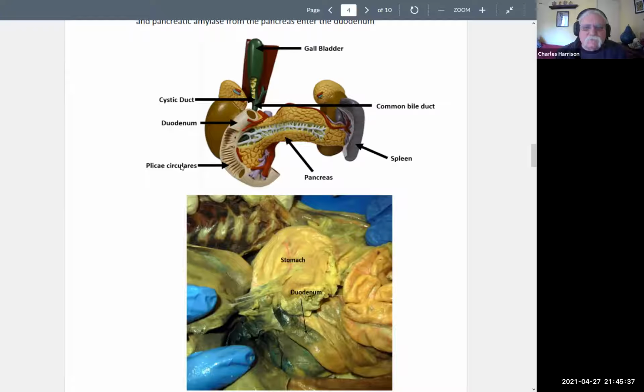Well, we've got some other things here. Got another accessory organ. This is the liver. They're not showing much of the liver. They've got a piece from here down to here. This is the liver. This is the gallbladder.